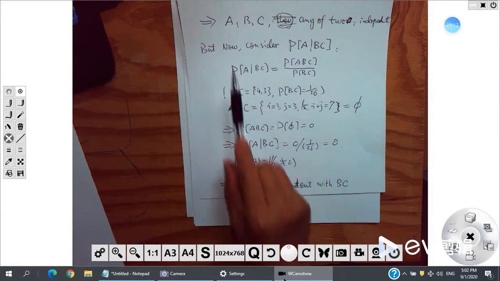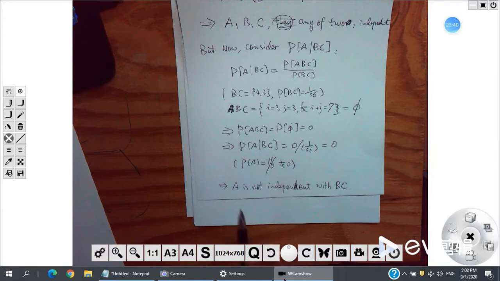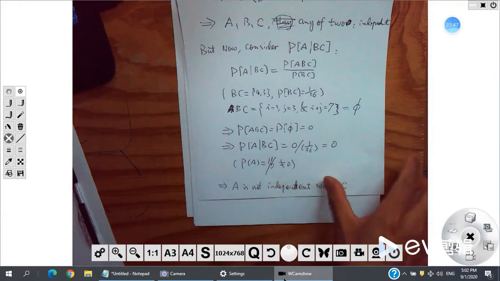But if you look at all of them together, you use B and C together, B intersection with C, as a condition, then the probability of A will be different. With this condition BC, you get probability 0. Without the condition BC, you get probability 1/6. So it's different. So we cannot say A is independent. A is not independent with BC. Alright, now we have our definition.